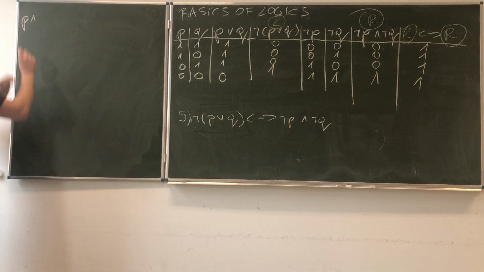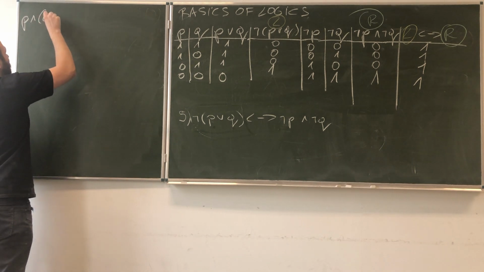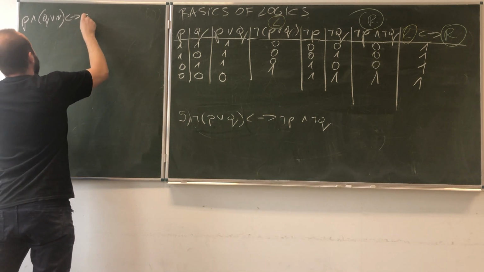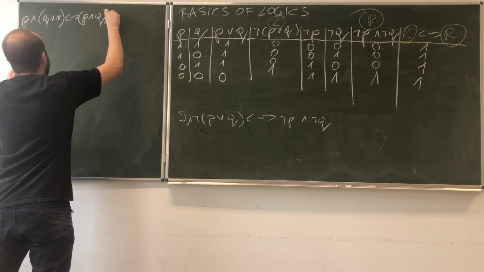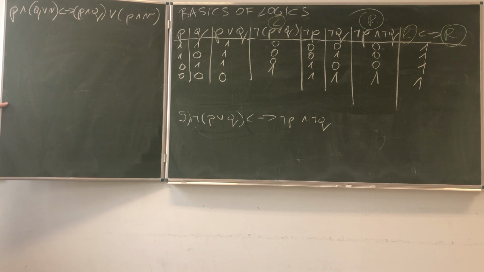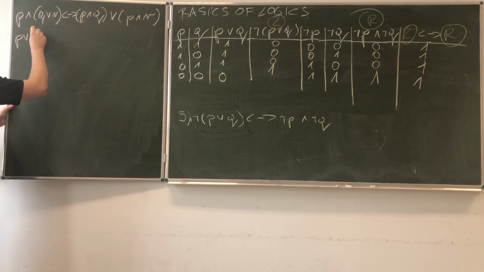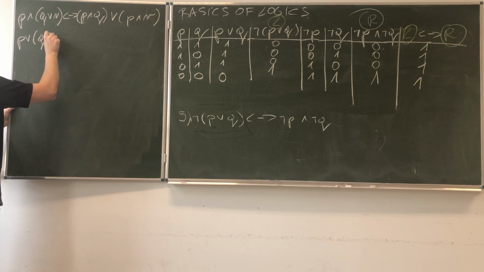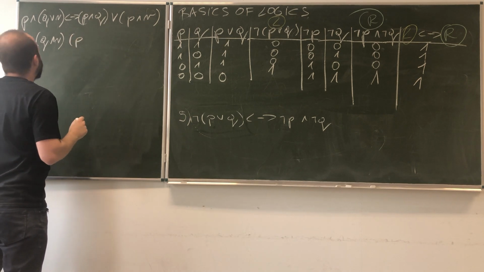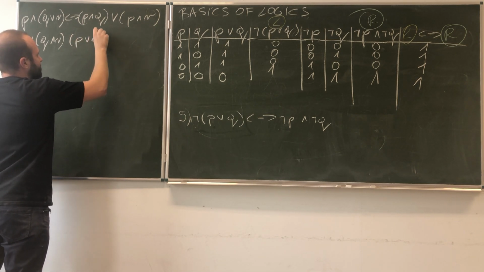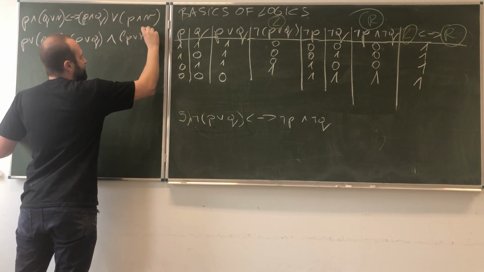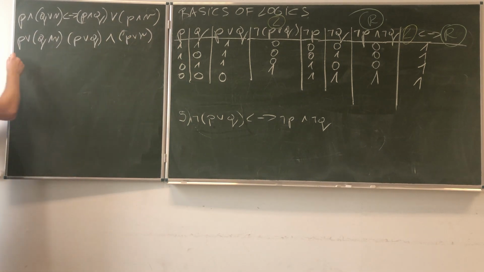P and Q or R is the same as P and Q or P and R. Right, then we've got that P or Q and R is the same as P or Q and P or R. Oh, and maybe just one more.